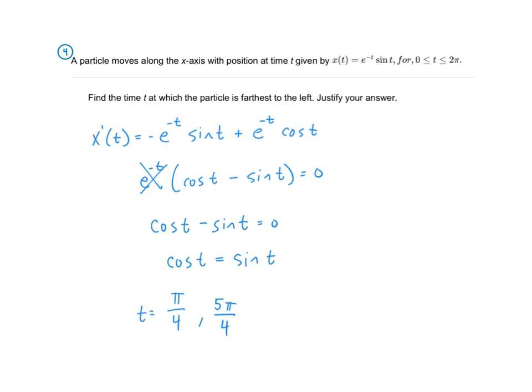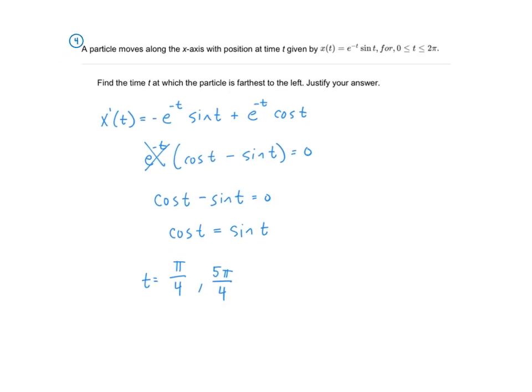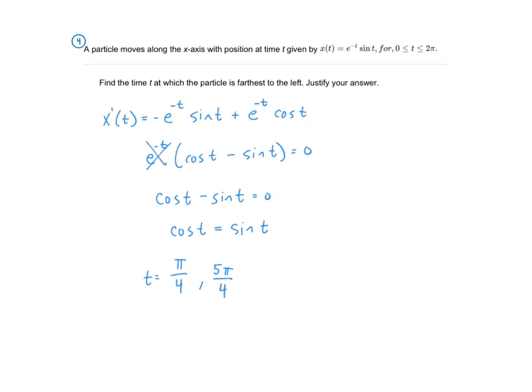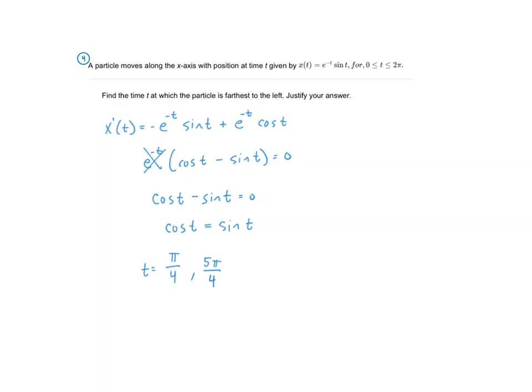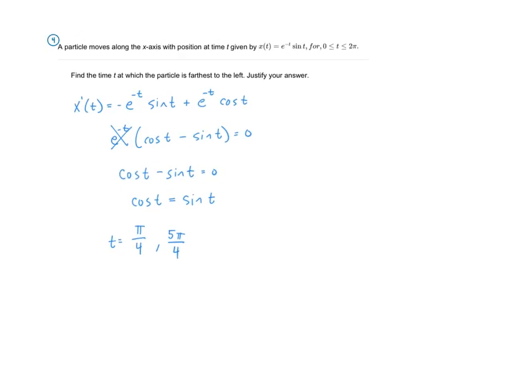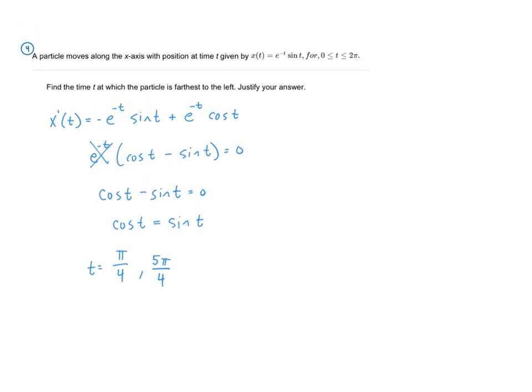Okay. So we got those two critical values, and now we'll take those and the endpoints and plug those back into the original, and then see which one's the smallest. So just kind of do that off to the side. We'll do x of 0, x of pi over 4, x of 2 pi.